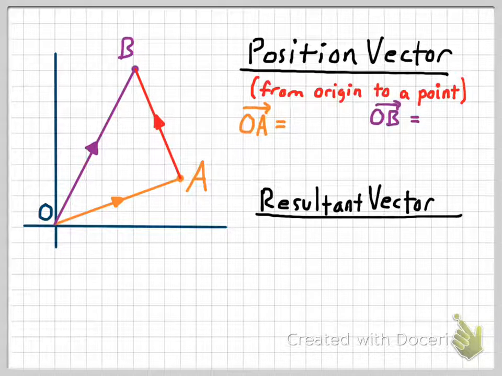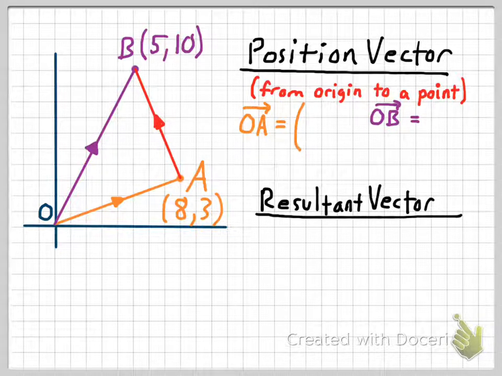And if you're ever wanting to find out what the component form, in either form that we write it in, for a position vector is, you just have to know what the coordinates of the point are that you're getting to from the origin. So you can see the coordinates of A and B are as I've labeled now. And then the position vectors that correspond with those, well, for position vector OA, it would be 8, 3.